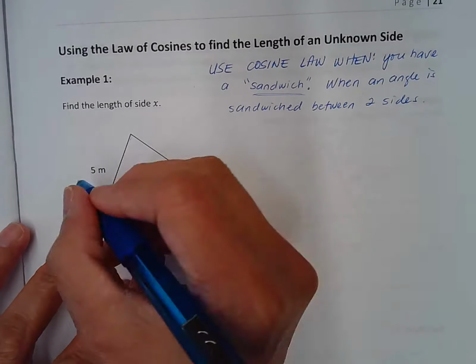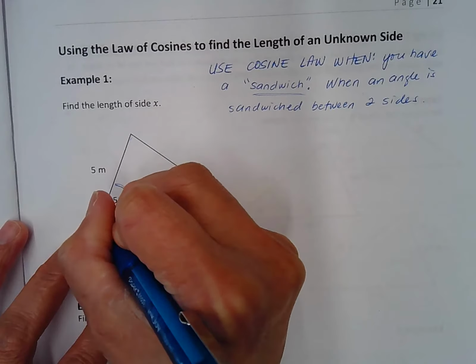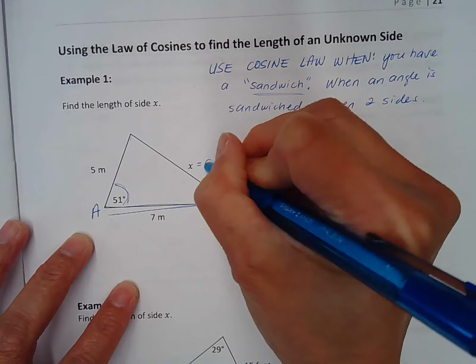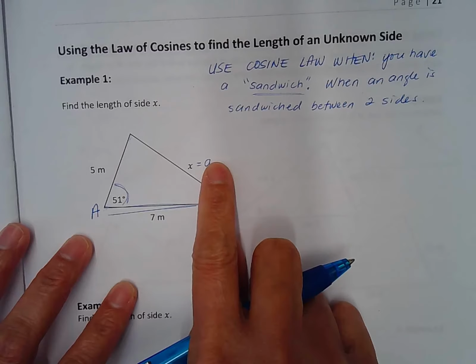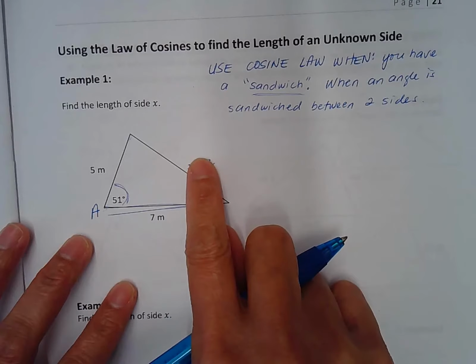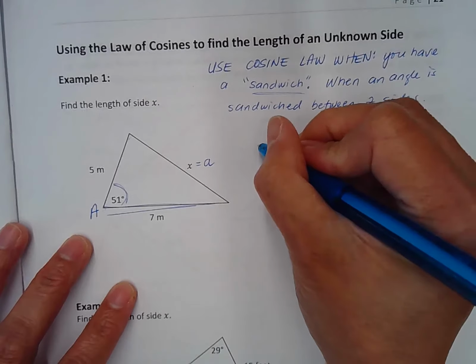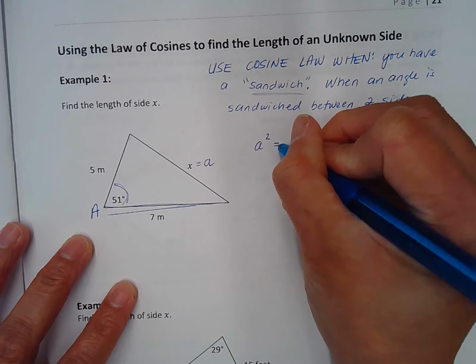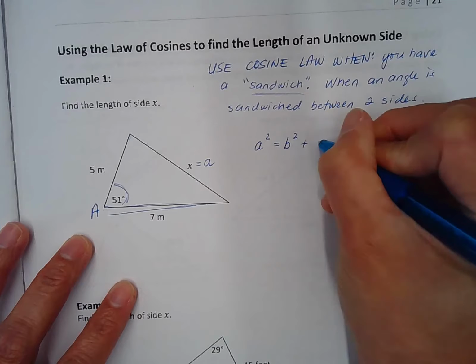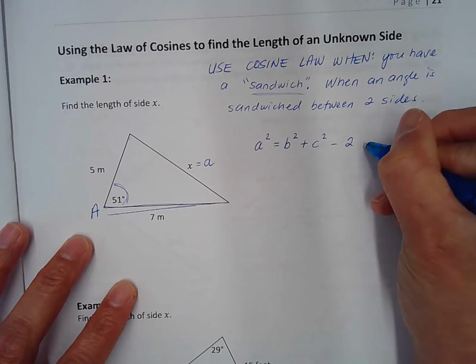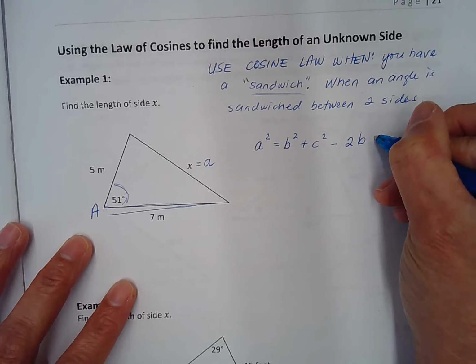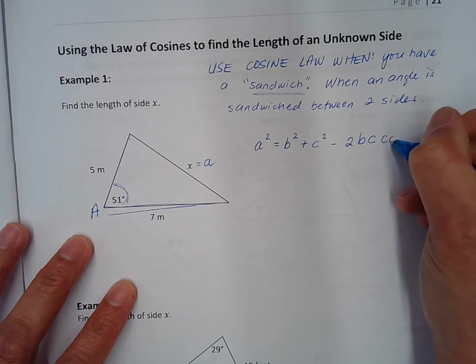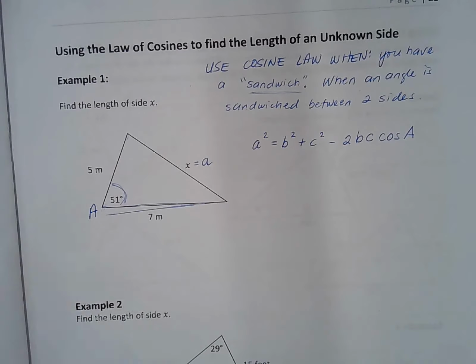So, we're going to call this our angle A, and then this is our side A. Angle A, side A. What's missing? We're missing a side. So we're using a squared equals b squared plus c squared minus 2 times b times c times cosine of angle A. Okay?